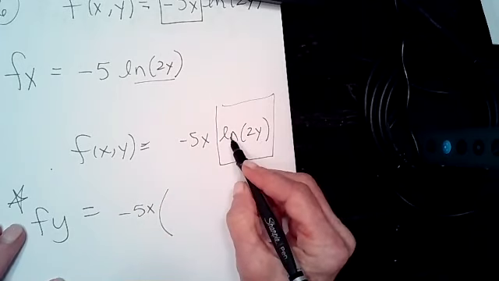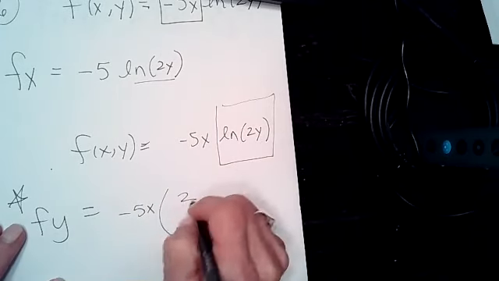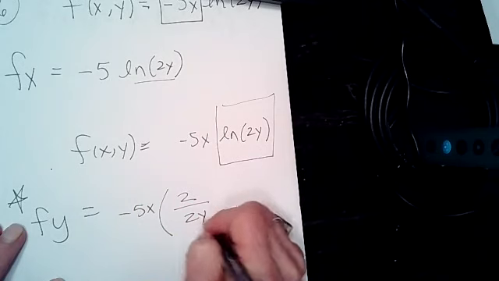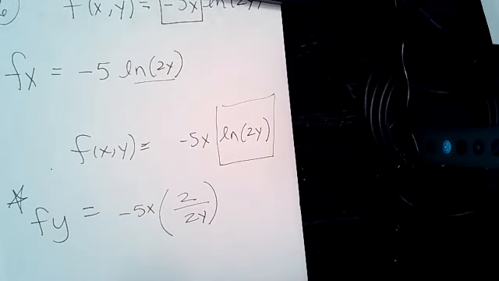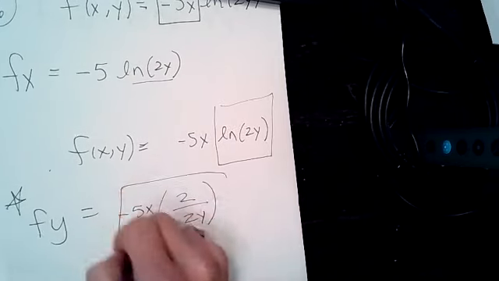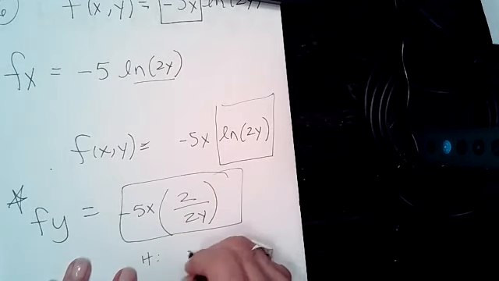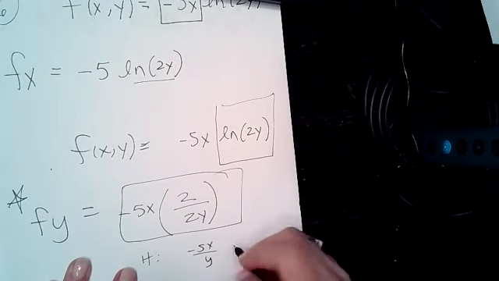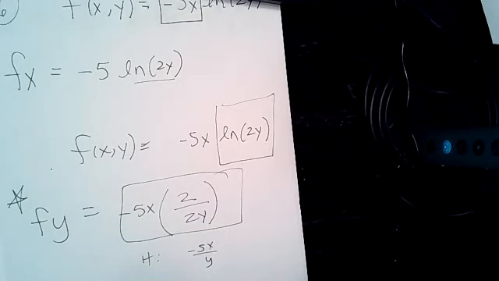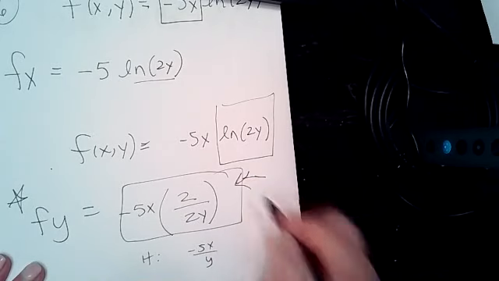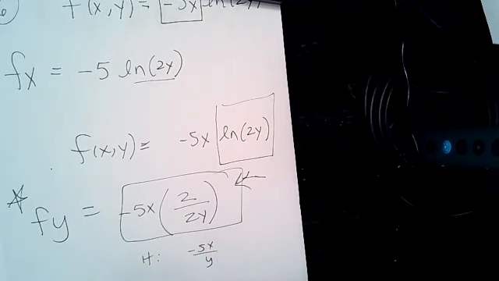Well, the derivative of the ln of 2y is just 2 over 2y. And that's it. Okay, the derivative of the ln doesn't have an ln in it. Okay, Hawks will cancel out the 2's and call it negative 5x over y, but you don't have to. You can leave it just like this. That's how I leave it. But Hawks does that. Either is fine, but that's what I do because I like to see things just like they are.